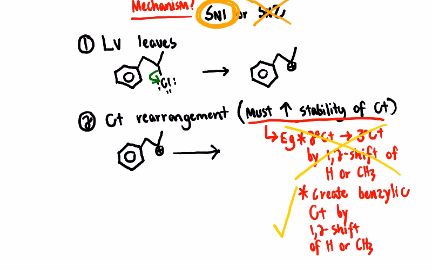So taking a look at what we have available here to move about, we have 2 hydrogen atoms here at the benzylic position. And if we take one of those 2 hydrogens and move it over with its electrons, so we're doing a hydride shift here. Hydride is our hydrogen with the 2 electrons coming with it.